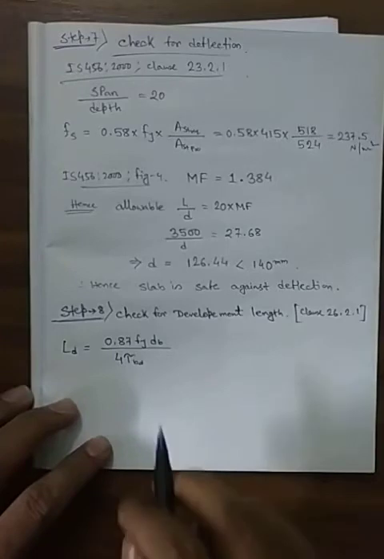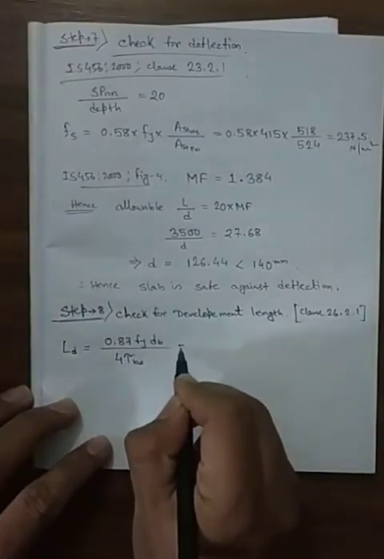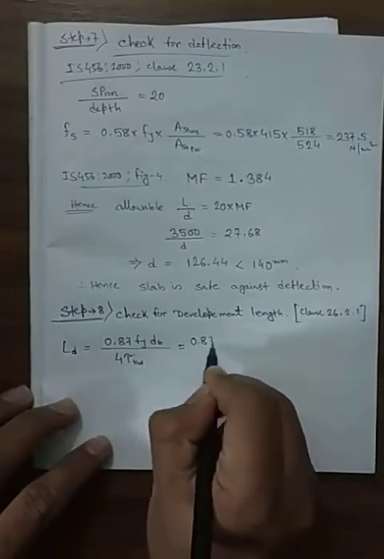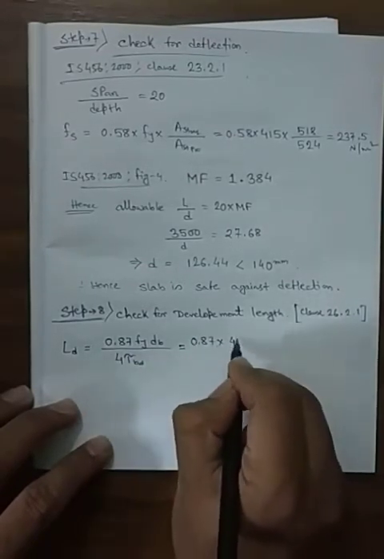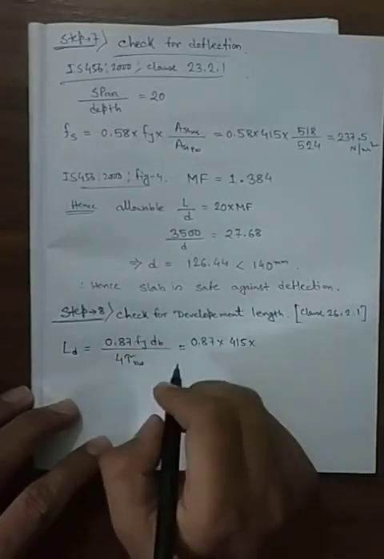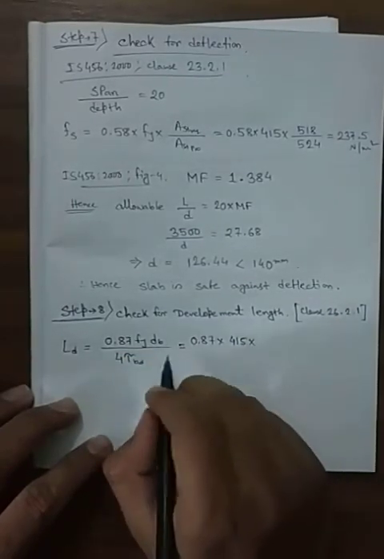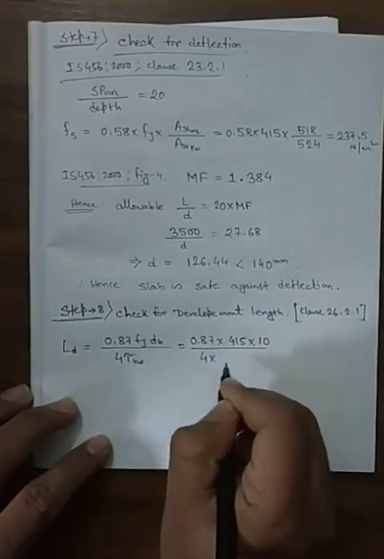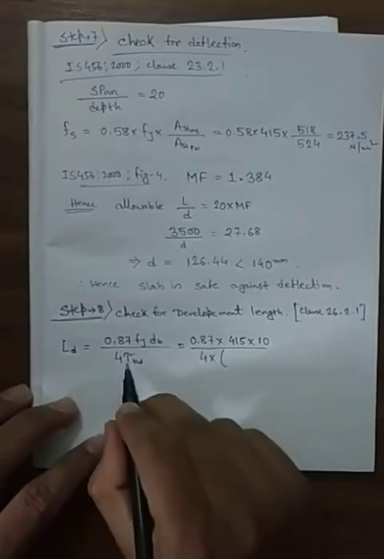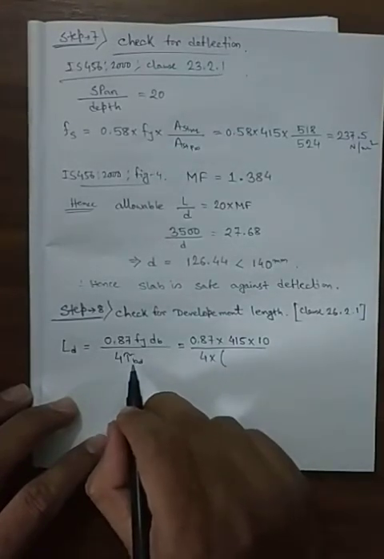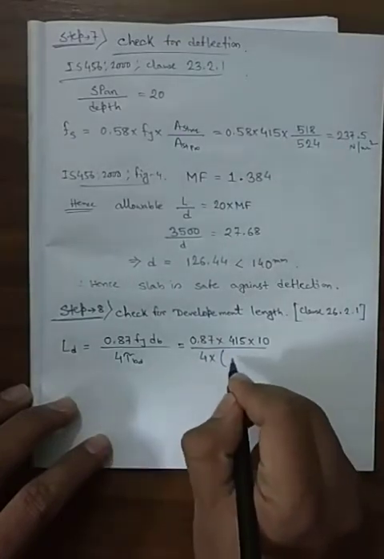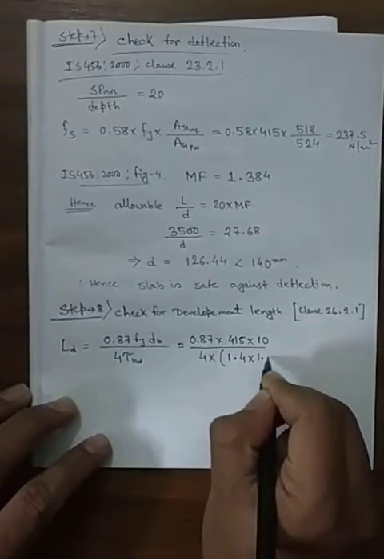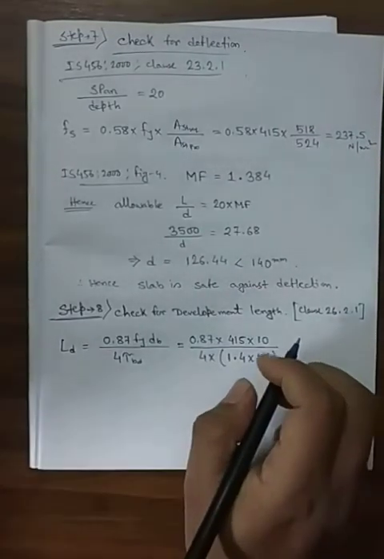For this tau bt we have to check what values come. So finally LD is 0.87 into Fy value 415 into dB, where dB is the dia of main bar, that is 10, divided by 4 into tau bt. Now what is tau bt? Tau bt is 1.4. Now we multiply by a term, 1.6.